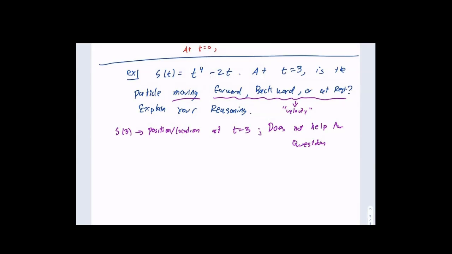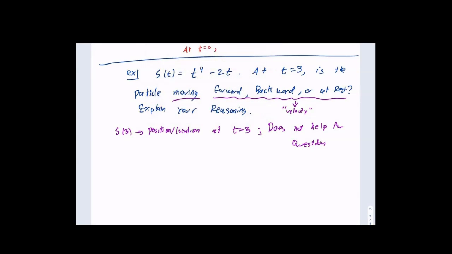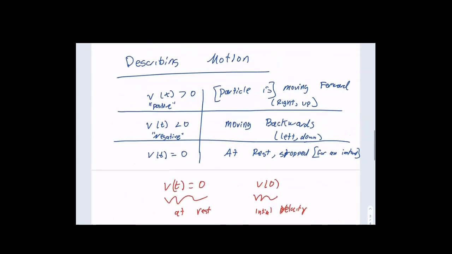We will get to that one, I think Monday actually. I'm going to break this up a lot more than I would have in the past. In the beginning, we have to understand velocity for movement. Remember, velocity tells you forward, backwards, or at rest.